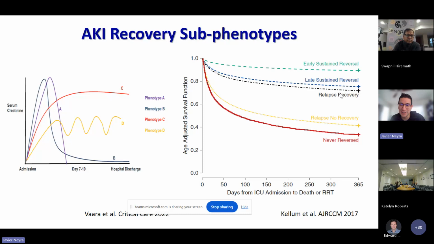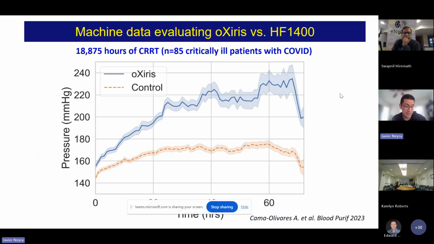On the right side of the slide is the support by data that when you classify AKI based on the duration, from early sustained reversal to never reversed, there is an important dose-response relationship with the adjusted survival function in terms of the follow-up up to 1 year following the AKI episode. So this is very important. We already have a lot of information with the trajectory of the AKI that can help us subphenotype our patients. And my last comment is based on this.